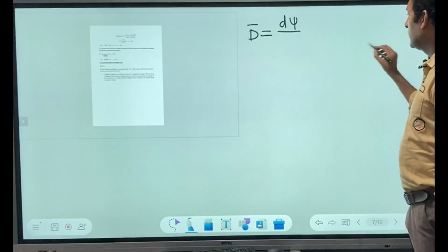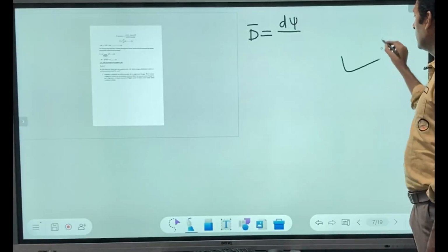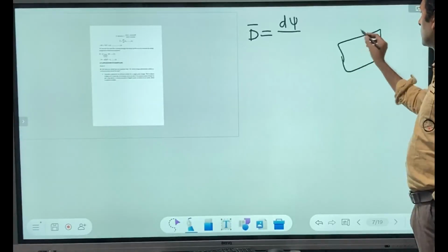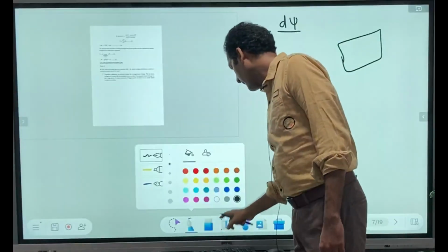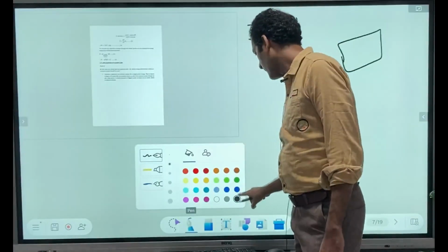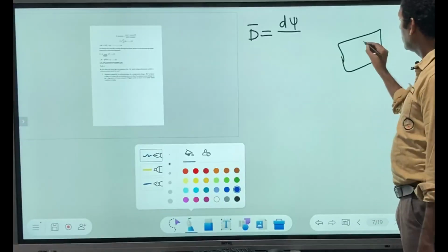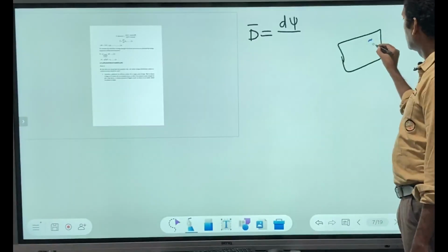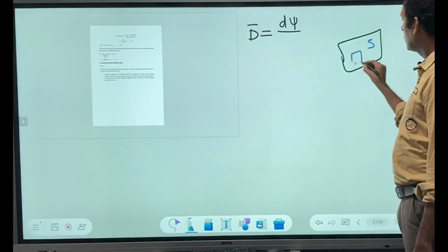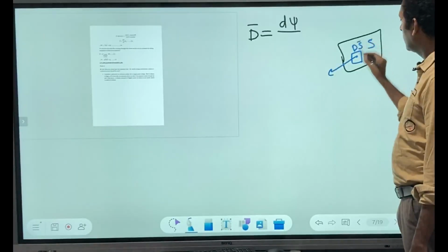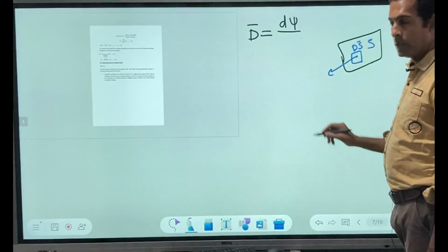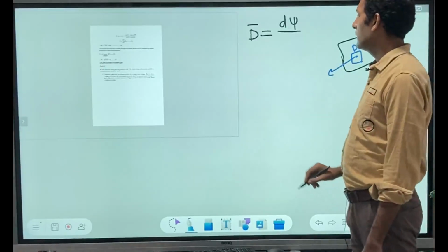Now we are not considering the sphere, now we are considering any other general surface of any other shape. And from this total surface S, we are taking small differential surface and we are studying how much is the electric flux density.